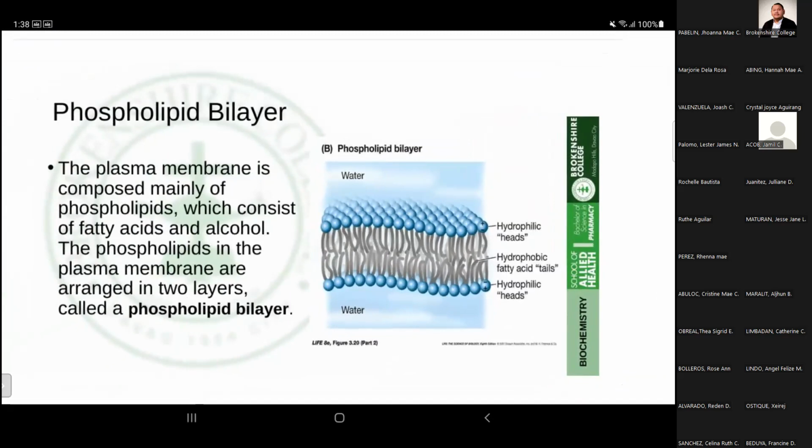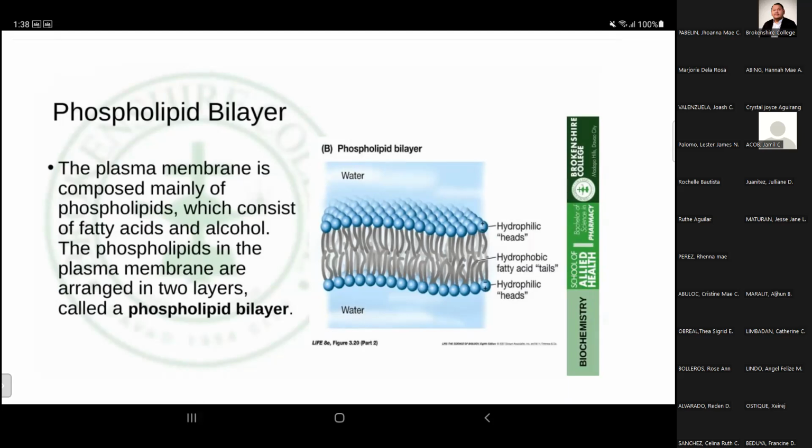When we say impermeable, it means the substances cannot pass through the membrane. When we say selectively permeable, there are some substances that could pass through, while some other substances cannot pass through the membrane. So that is the meaning of permeable, impermeable, and semi-permeable.